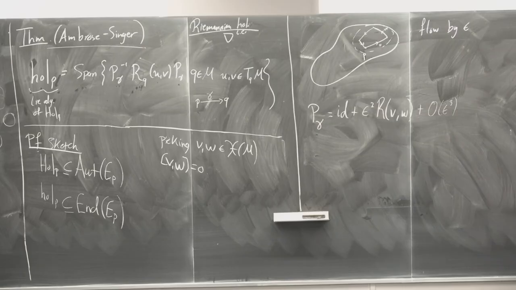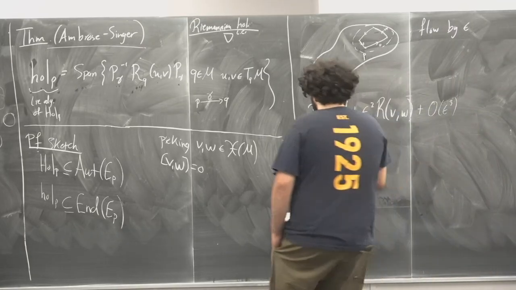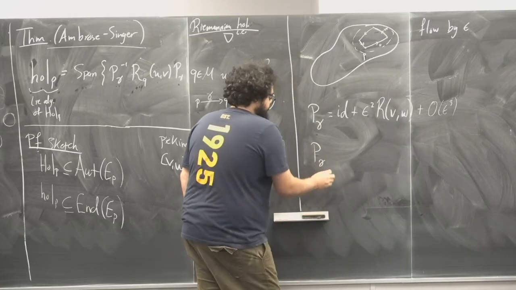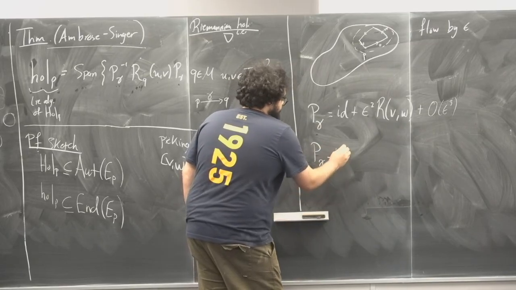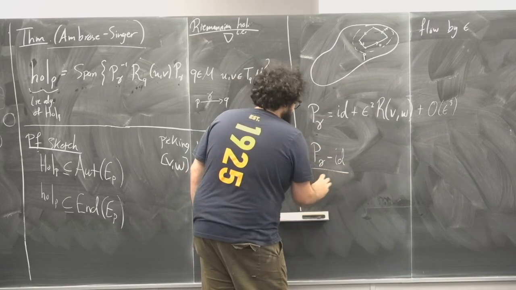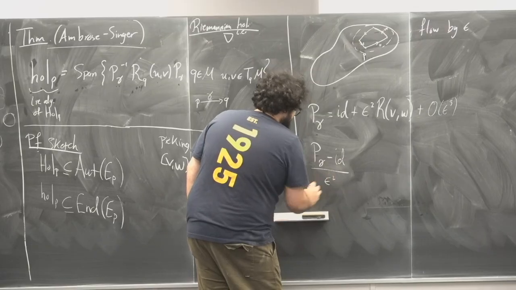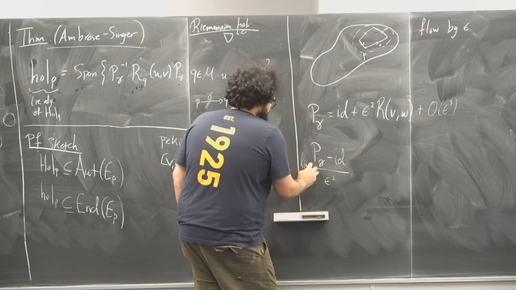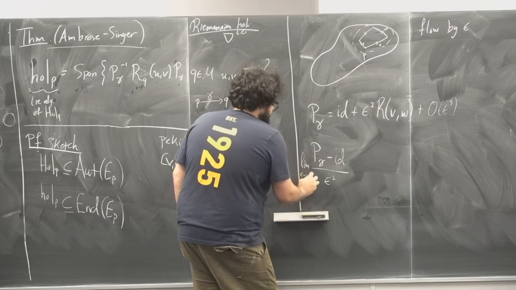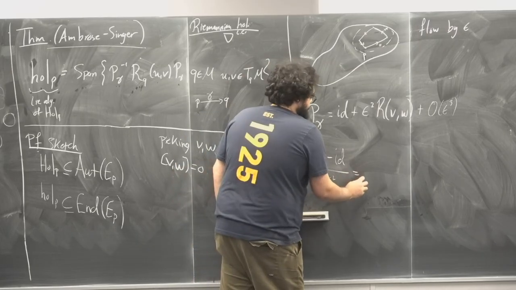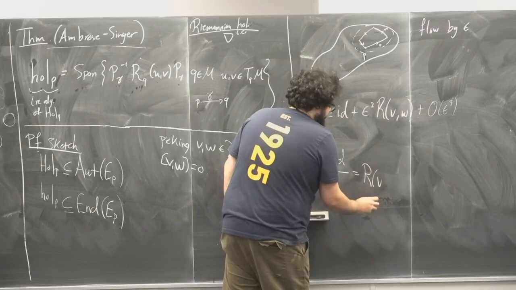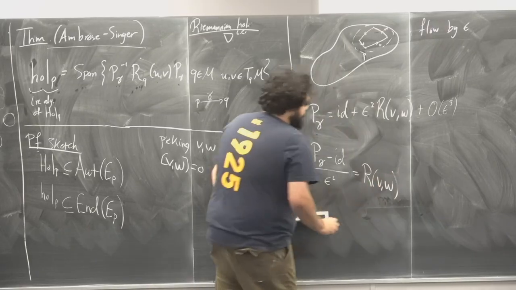Okay. So from here, we see that if you subtract the identity and divide by epsilon squared, take the limit as epsilon goes to 0, we get R(V,W). Okay.